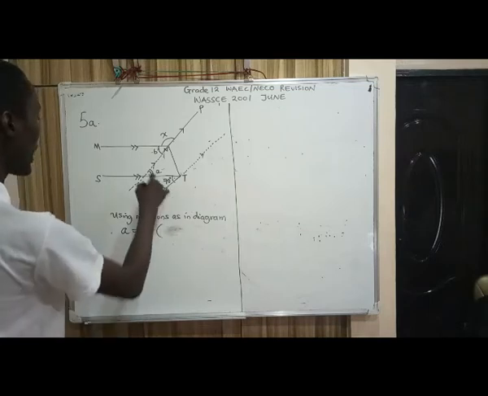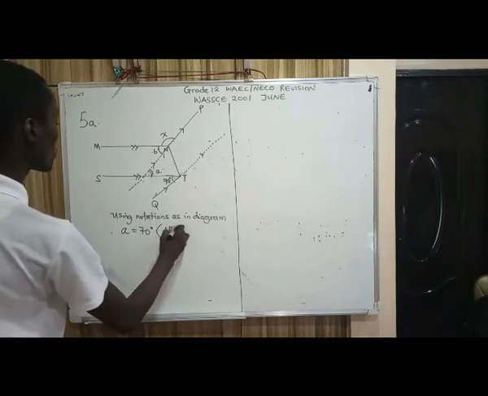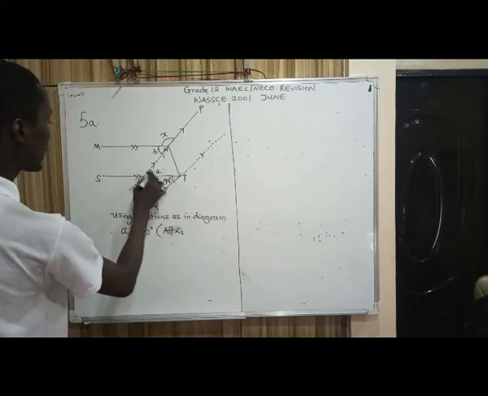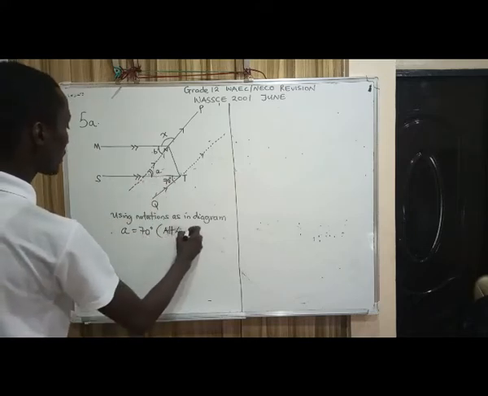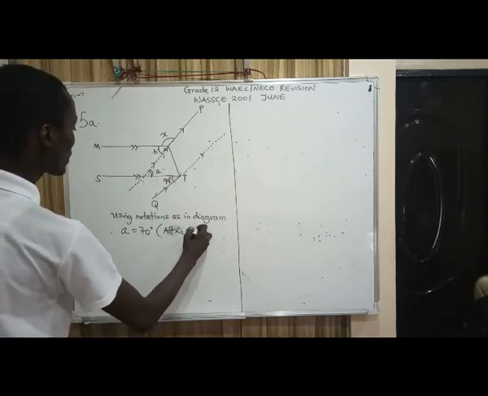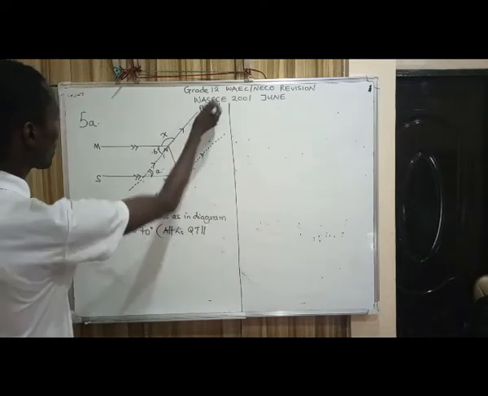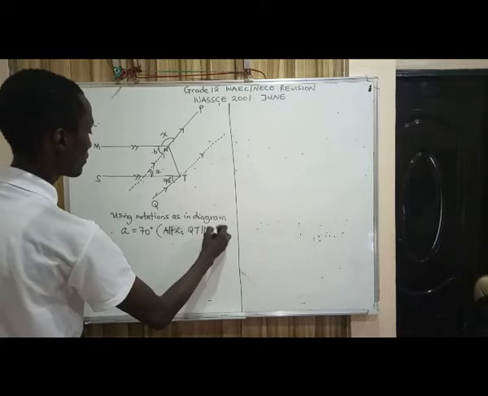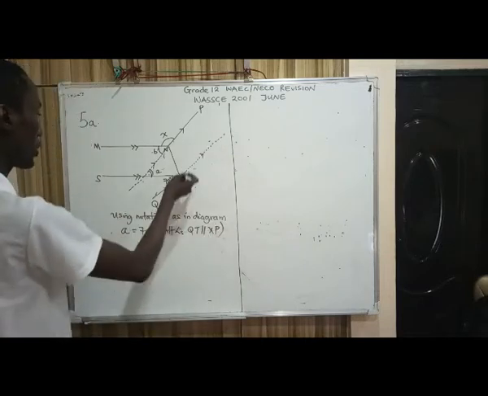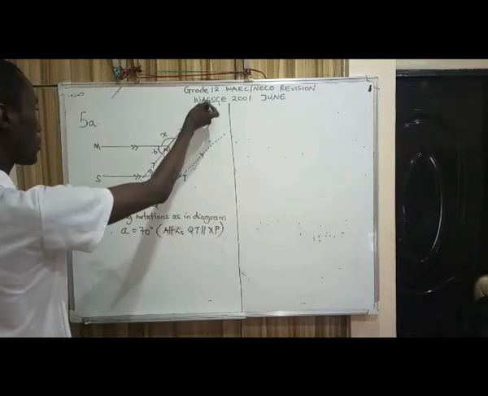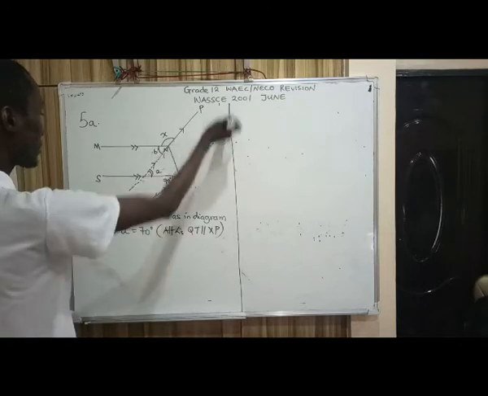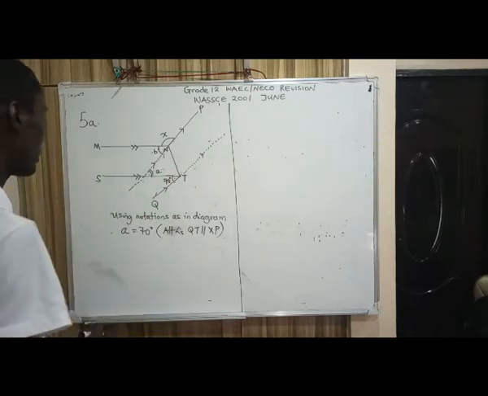What is the reason for that? Alternate angles. QT is parallel to XP. These parallel lines are the ones creating that for me.